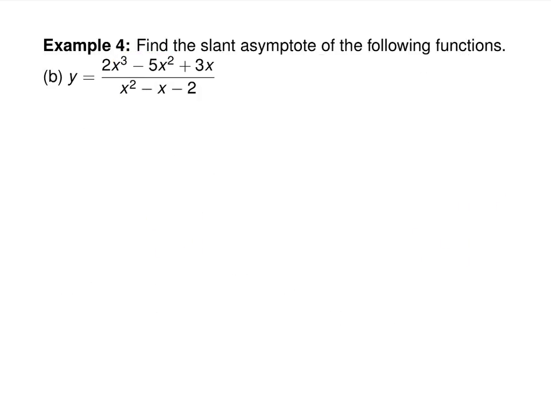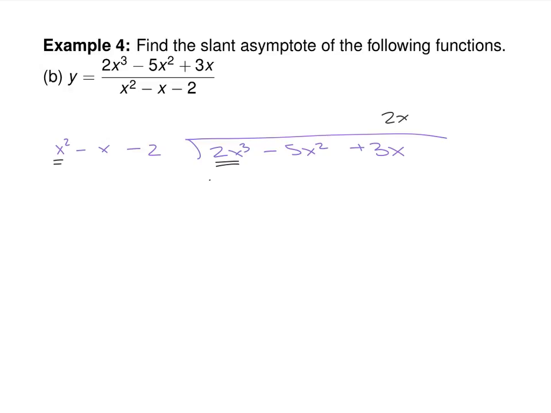Okay, so holy moly. X squared minus x minus 2 is going into 2x cubed minus 5x squared plus 3x. And the trickiest thing is just keeping track of negative signs and all that stuff. And all that matters is this first term. So what do you multiply that by to make it match 2x cubed? 2x.